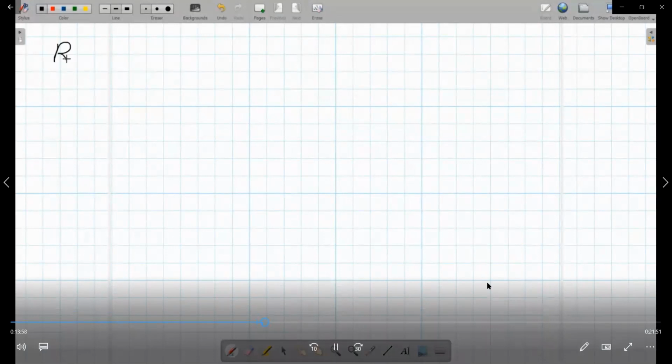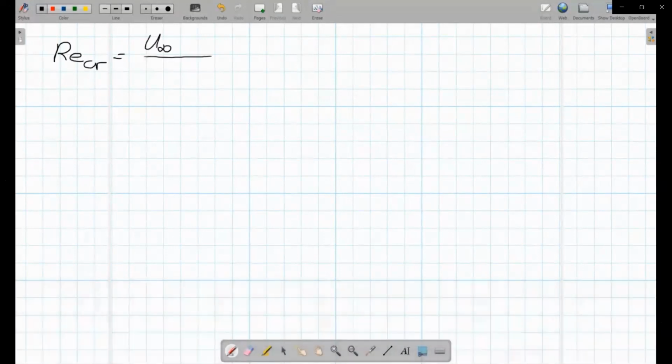What I'm trying to say is we have a critical Reynolds number, U infinity times x critical over mu. This of course depends on the geometry, whether it's a flat plate or an airfoil, but a typical value is around 500,000.